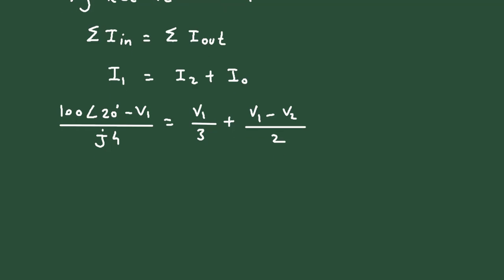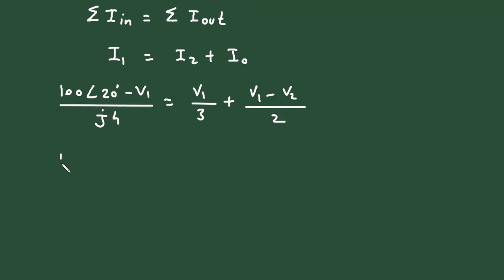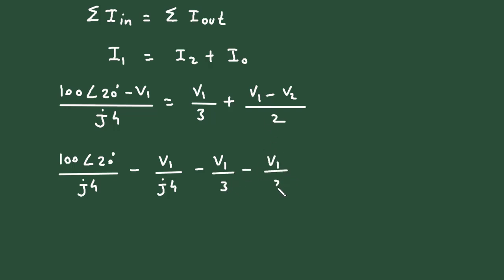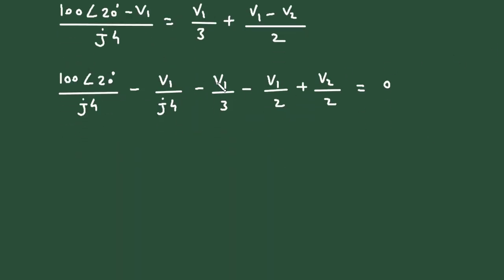Now let's simplify this. So it will be 100 at an angle 20 degree divided by j4, then minus V1 divided by j4. Then we can take this on left side. So minus V1 divided by 3, then minus V1 divided by 2, then this will be plus V2 divided by 2 is equal to 0. So here we can take V1 common.